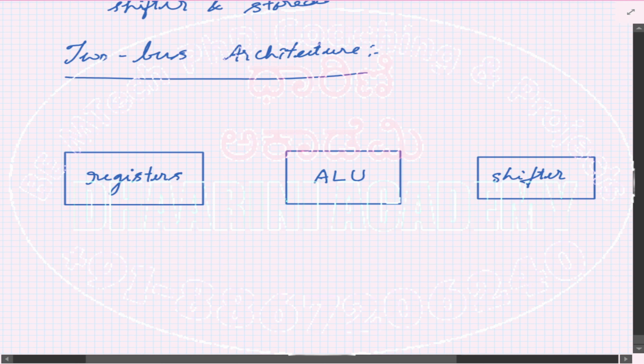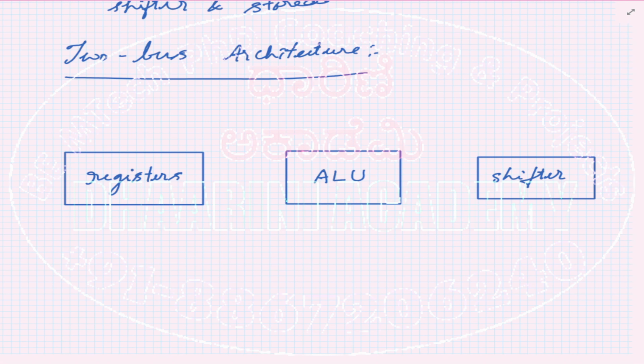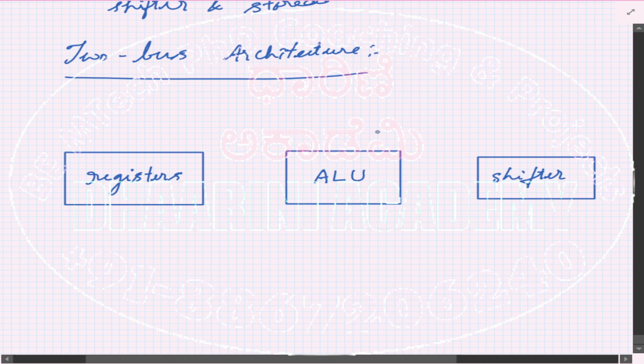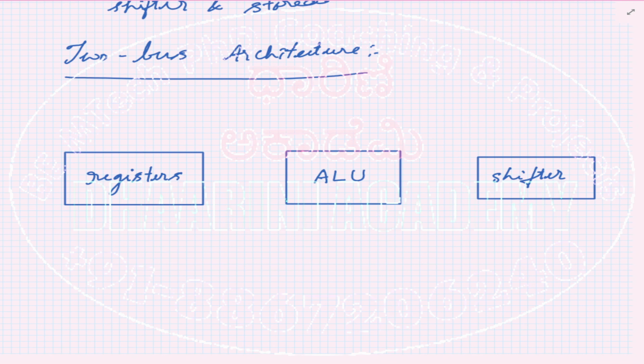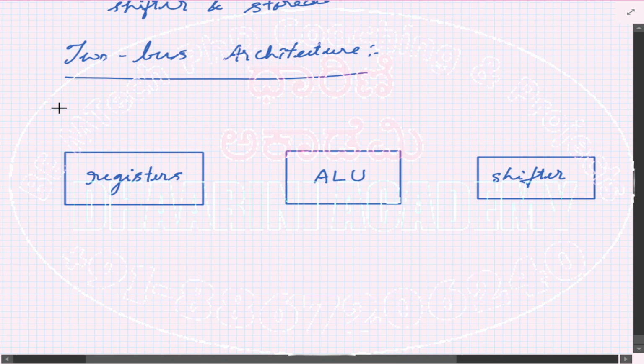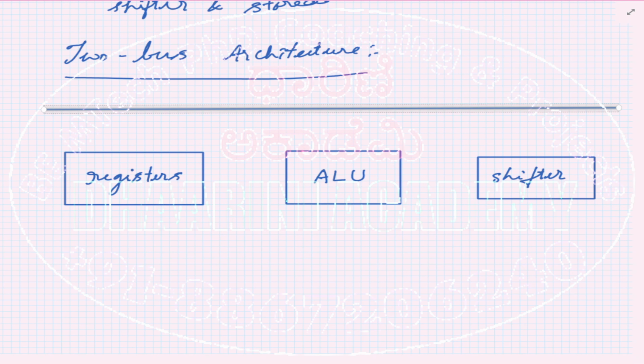So we have the three blocks. Now we'll make the connections to this by using two different buses. The first bus that I'm going to use, let me write over here, is bus number one. Similarly, let's use bus number two as well.